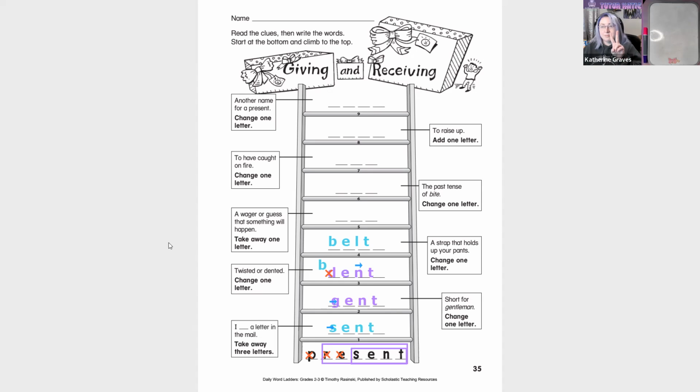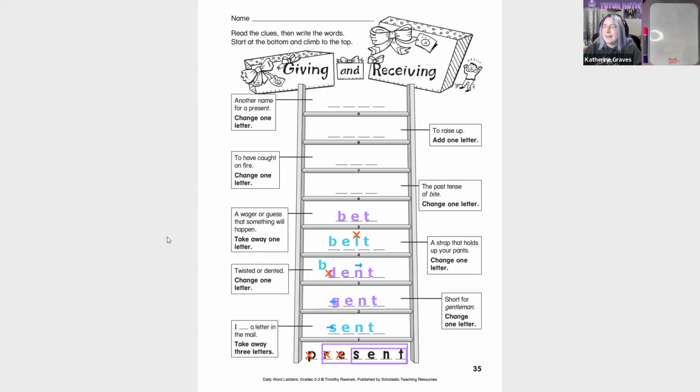Second one. Bet. Yep. Oh, good job. Yep, it's bet. All right. Type it in there for me. That sounds good. We got rid of this one.